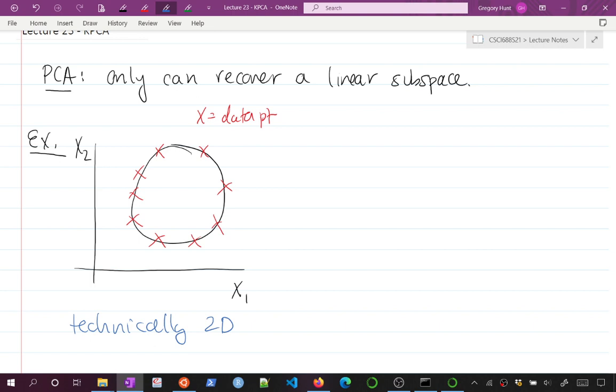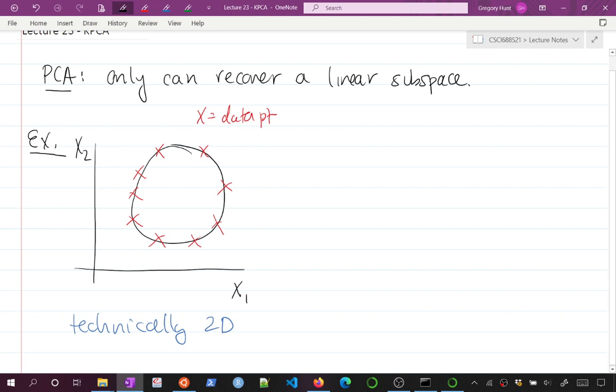For 2 dimensions, a linear subspace would be just a line. For 3-dimensional space, a linear subspace would be a plane or a line. You can imagine that data might live in some kind of non-linear subspace, what we'd call a manifold, which is basically the generalization of a subspace where it doesn't need to be a plane, for example.